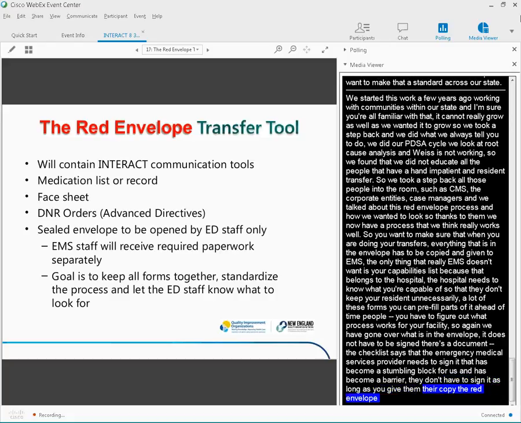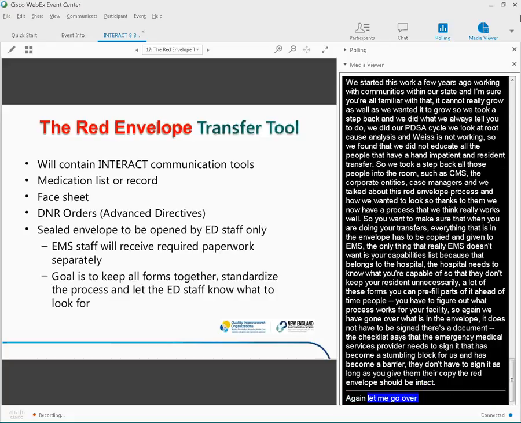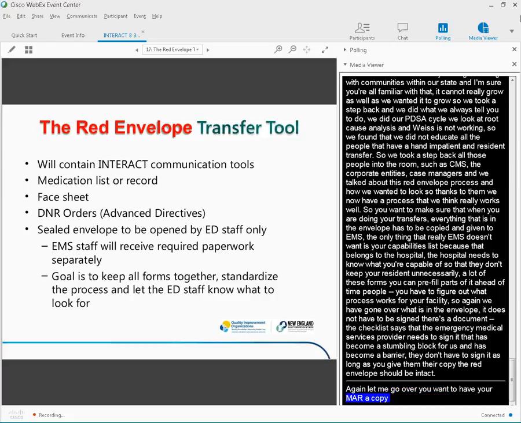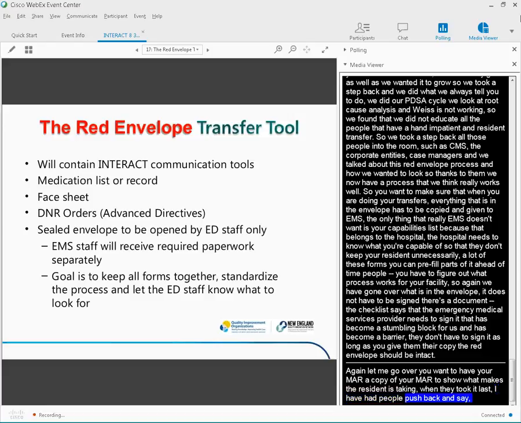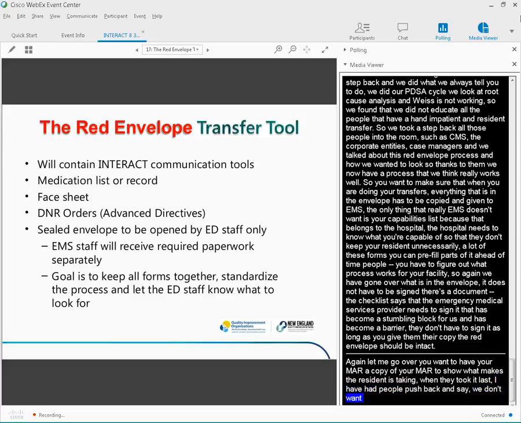Again, let me just go over it. You want to have a copy of your MAR to show what meds the resident is taking and when they took it last. Now, I've had people push back and say, we don't want to send copies of our MAR because we don't want the hospital seeing the holes in case meds were missed.